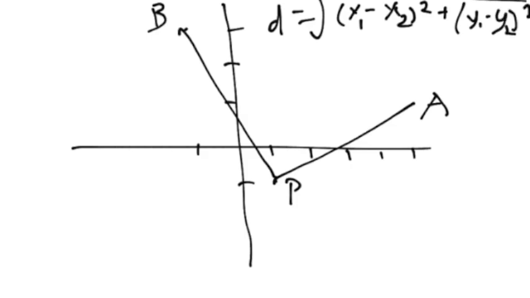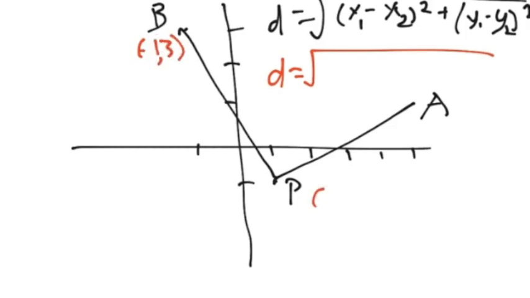So if we just do it with BP first, we get the distance equals the square root of, well, point B is negative 1, 3, and point P equals 1, negative 1. So we can just make x1, y1 as B. So that would be negative 1 minus 1 squared plus 3 minus negative 1 squared.